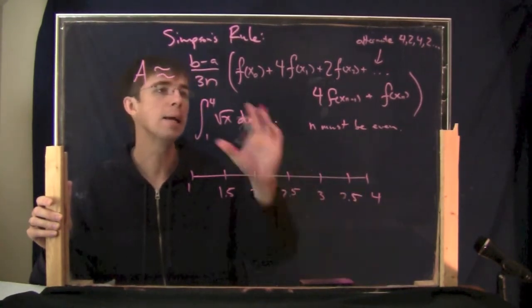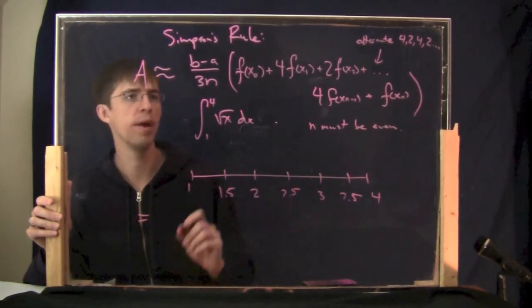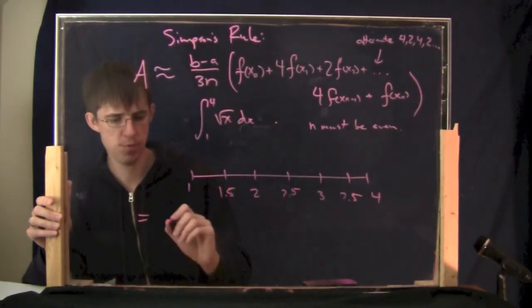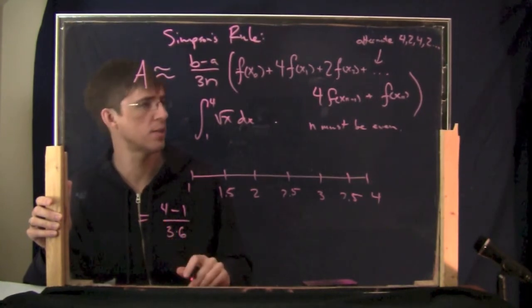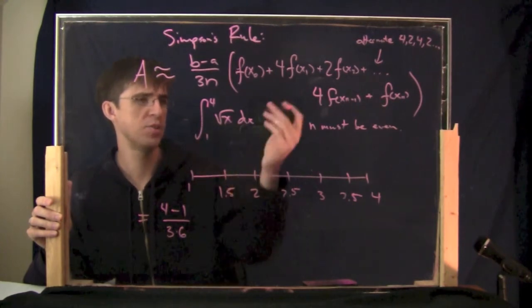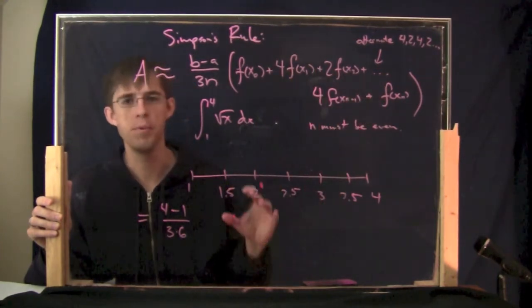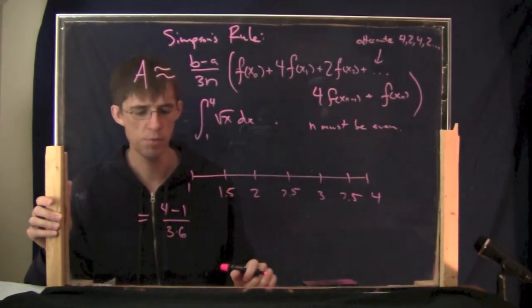Okay, and we just plug into that formula. (b minus a) over 3n. So that would be 4 minus 1 over 3 times 6, right? n is 6. I'm doing the Simpson's approximation for this area under the curve using n equals 6.